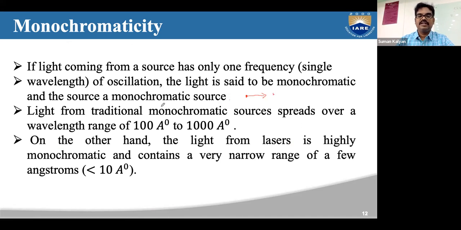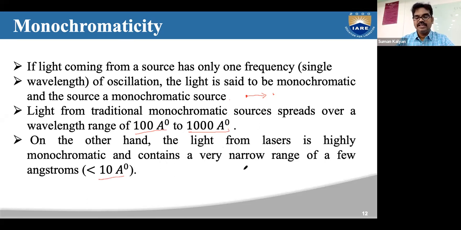However, ordinary monochromatic light spreads over a wavelength range of 100 angstroms to 1000 angstroms, whereas light from lasers is highly monochromatic and contains a very narrow range, less than 10 angstroms.